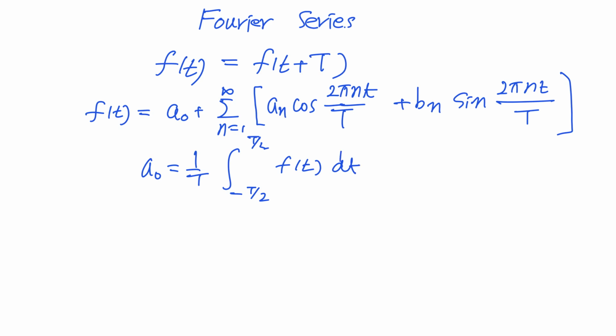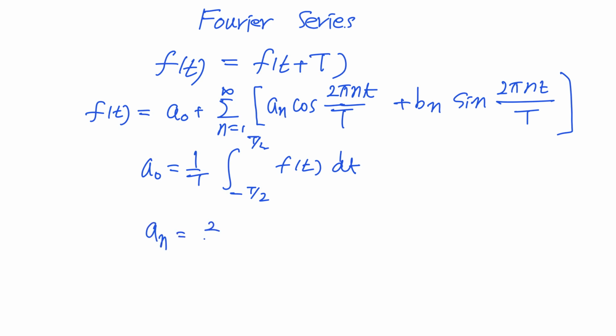So A0 is basically the average of a function over the period, the integral from minus half period to half period divided by T. That's the average, right? The average of the function over the period.